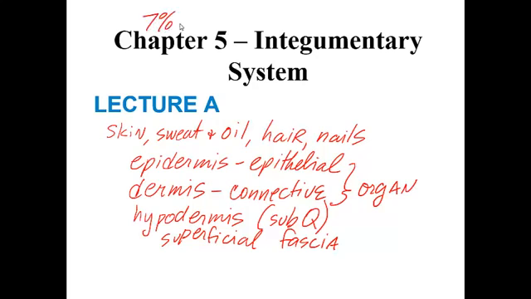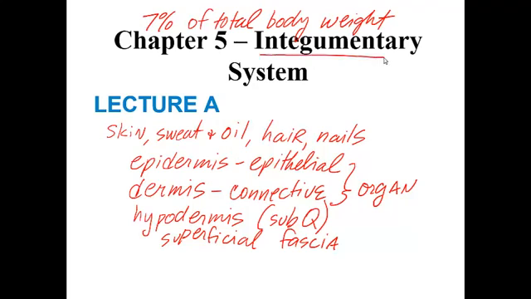It actually makes up 7% of the total body weight, so a huge, huge amount. So there's a lot of surface area here, which is going to be important for protecting us, for absorption of molecules. If we look at the word integument itself, it kind of looks like the word integrity, and that's one of its major functions, it maintains our integrity.